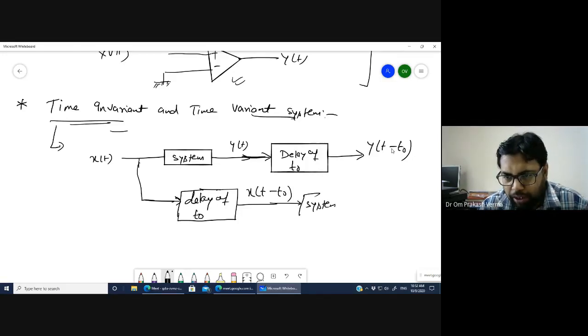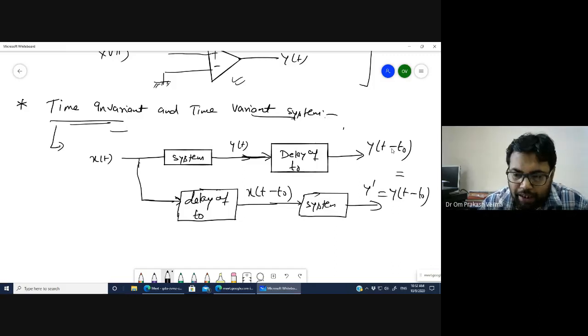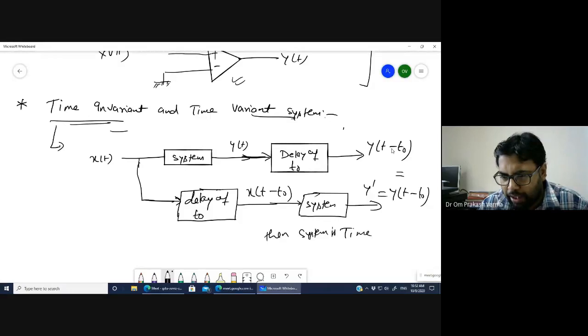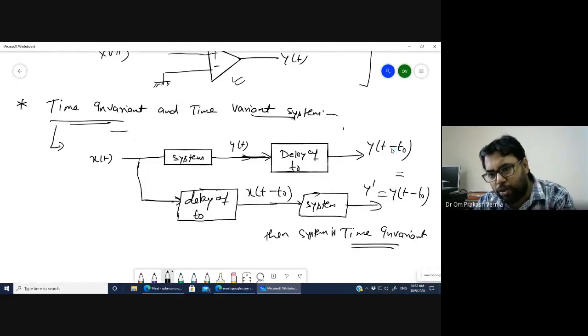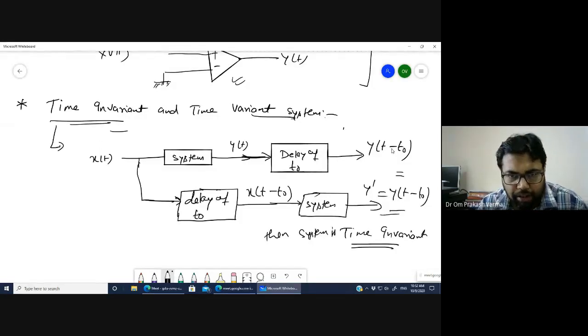Let's say this is your y. Okay, so yt minus t naught, if both are the same, then the system is टाइम इनवेरिएंट। इसका मतलब ये हुआ कि जो इनपुट में डिले आप करके दे रहे हो उतना ही डिले अगर आउटपुट में मिले तो आपको उसको हम लोग कहेंगे टाइम इनवेरिएंट सिस्टम, राइट?